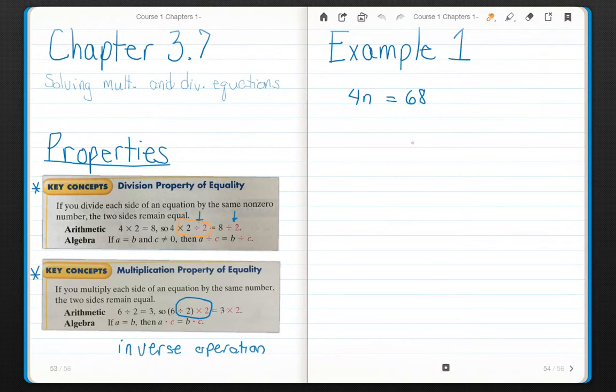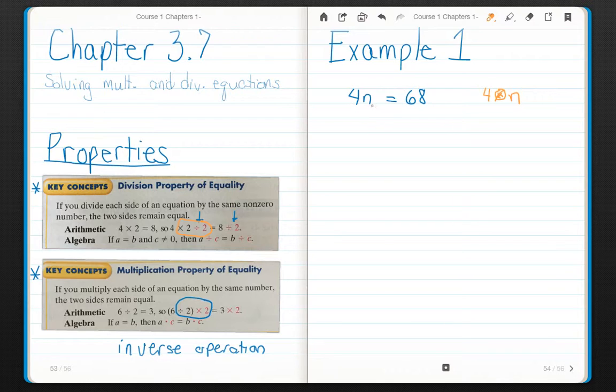I will keep the orange, I like it. 4n equals 68. Well, remember that 4n is the same as 4 times n. We just don't use the multiplication symbol anymore. We just say 4n. So I want to know, what does n equal?